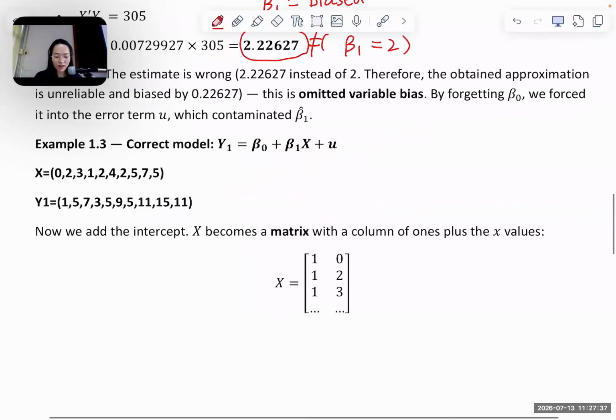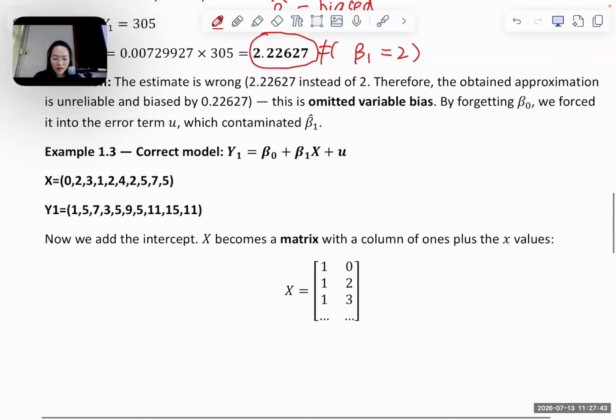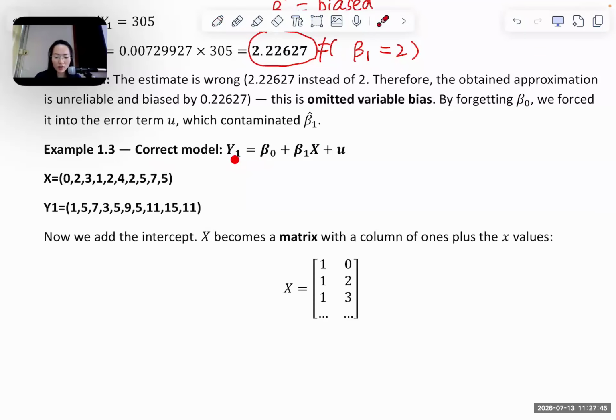Next one. Example 1.3. So in this case, our correct model is y1 equal beta 0 plus beta 1x plus mu with intercept and slope. Okay, so these are our data points. Now we add the intercept.